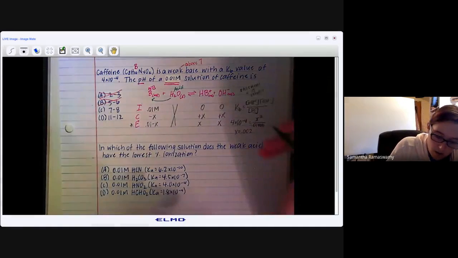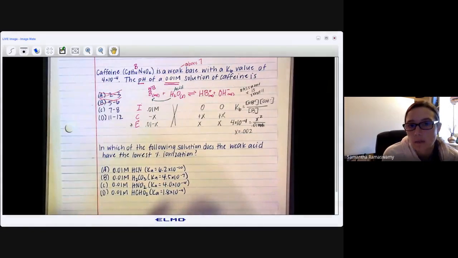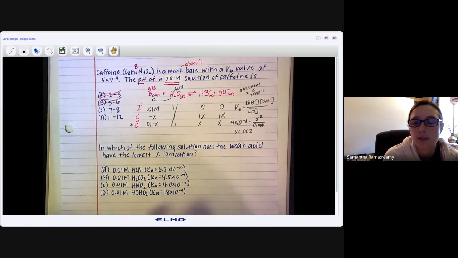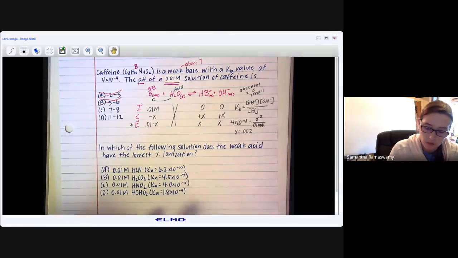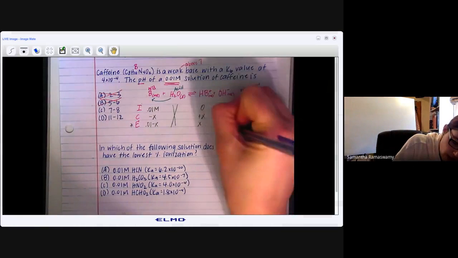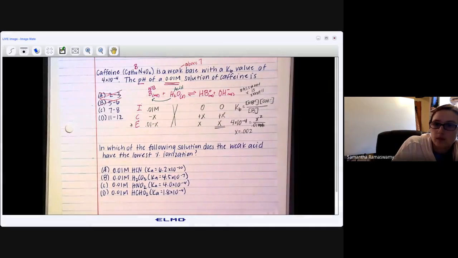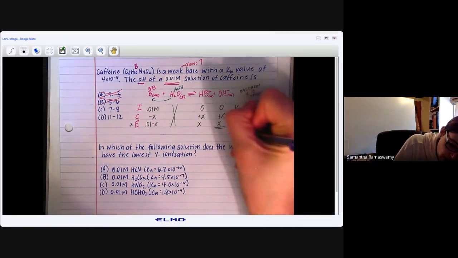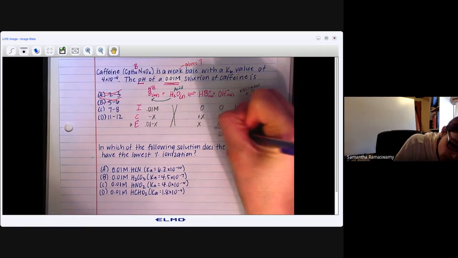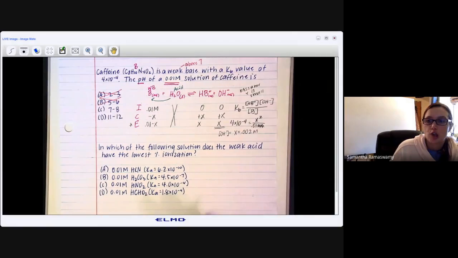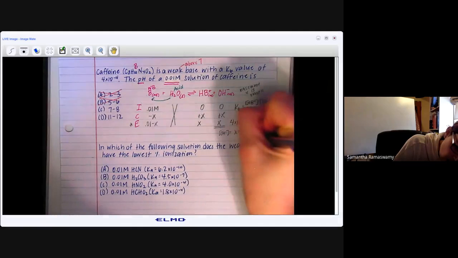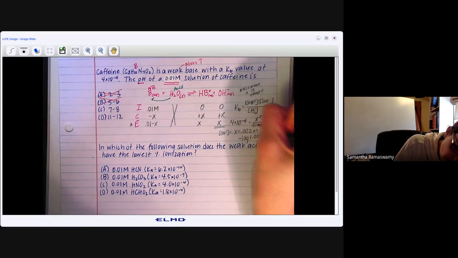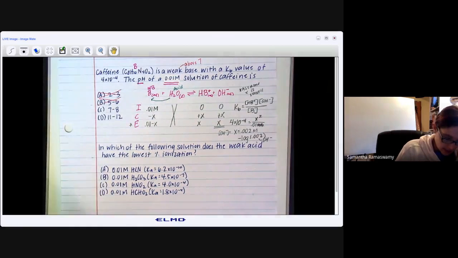If you're solving for pH, think about what you need. Well, I see that I have OH minus here. X is OH minus. So this value of x that I just found is OH minus. If I'm taking the negative log of OH minus, I'm finding the POH.